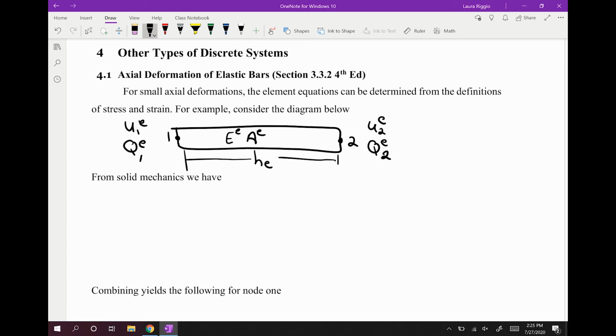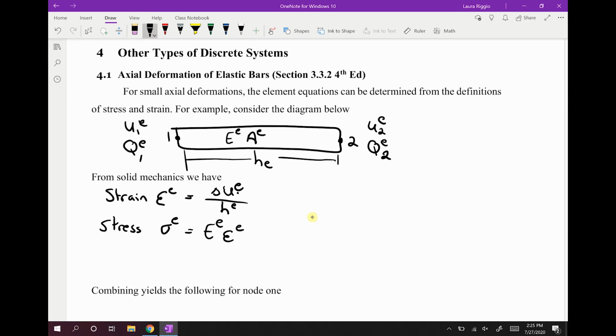So if we remember from solid mechanics, we have our strain, which is our change in length over our initial length. We have our stress, which is our modulus of elasticity times our strain.